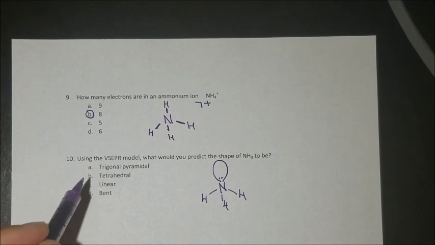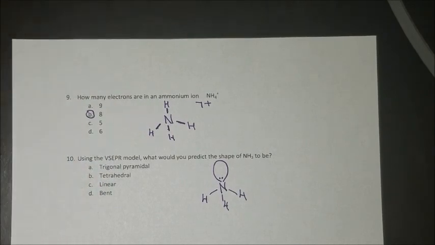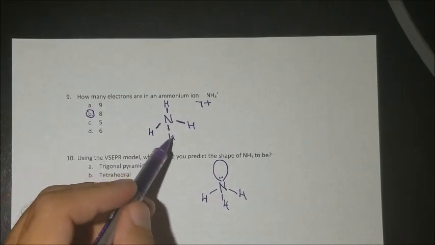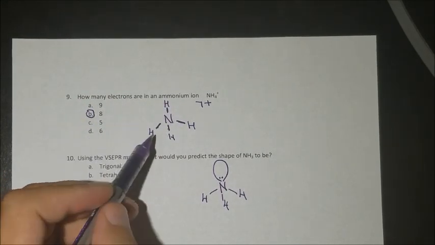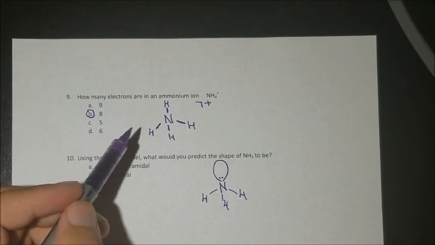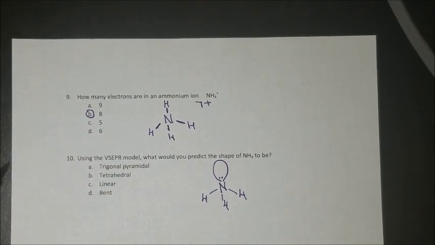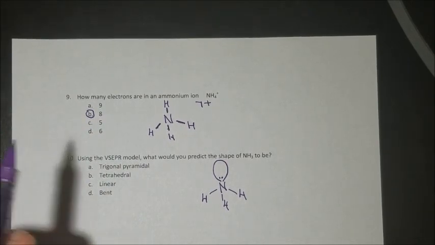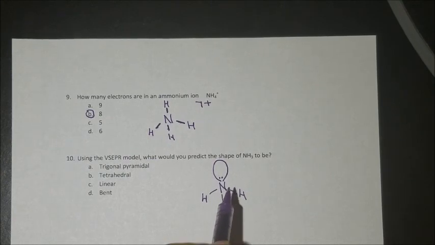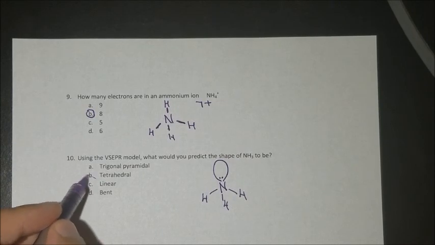First of all, a tetrahedral geometry would look something like the ammonium ion, where there are 1, 2, 3, 4 atoms bonded to the nitrogen and no lone pairs. That's what makes up a tetrahedral geometry. So we can't have a tetrahedral geometry here because we have a lone pair. We have 1 lone pair. So it cannot be tetrahedral.